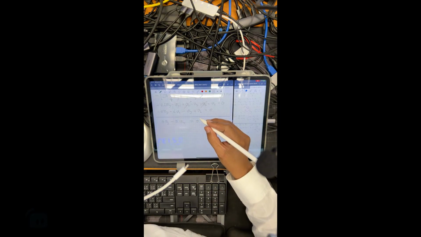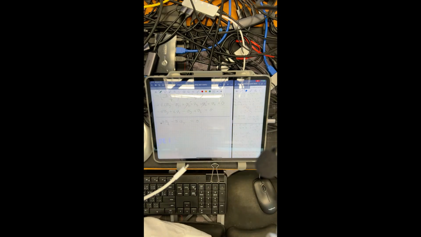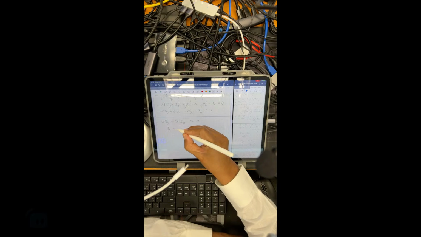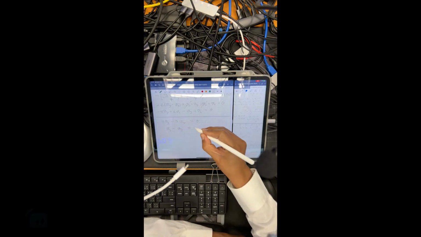But the important thing is that you have to cancel, reduce the number here. 3 and 3, right? What is the most common division number to 3 and 3? So it's number 3. We have to divide the whole equation by 3. We're gonna have V1 minus V3 equals 0.